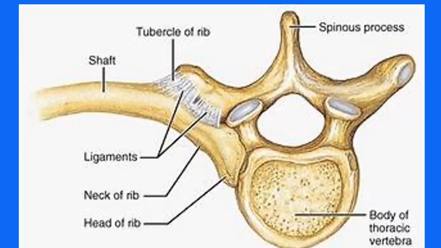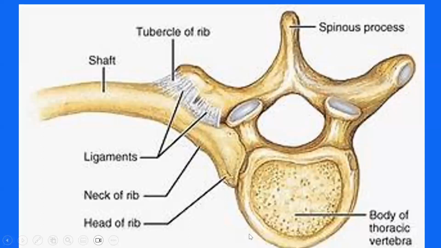What do we mean by the ribs and the support of the thoracic spine? The rib has three attachments. One is to the transverse process. This is the tubercle of the rib and the ligaments attaching to the transverse process.